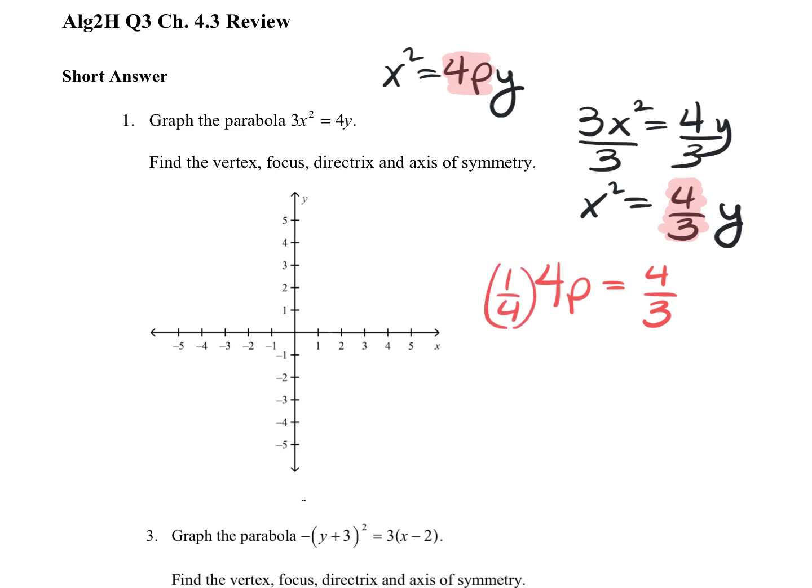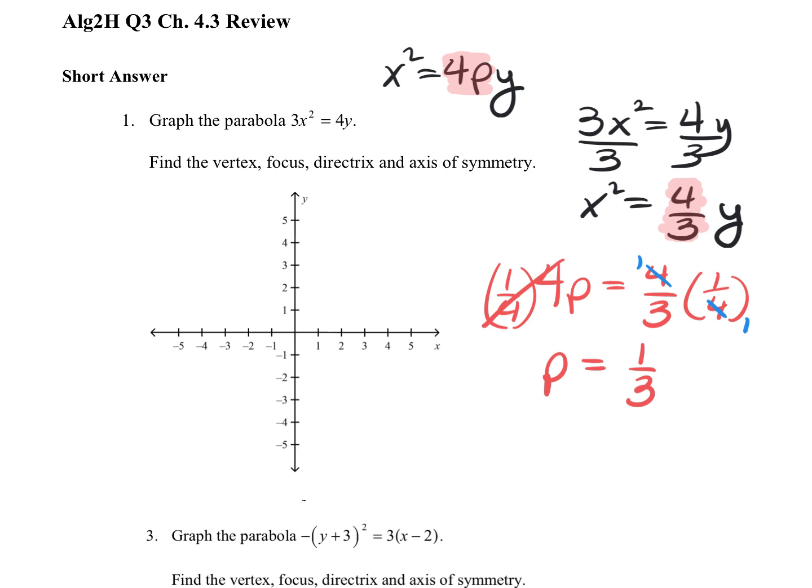So really I'm multiplying both sides by 1/4. If you'd rather put 1 under the 4p and solve it as a proportion, you can do that as well. But here this would cancel, and I could simplify diagonally, and then your p-value is 1/3.